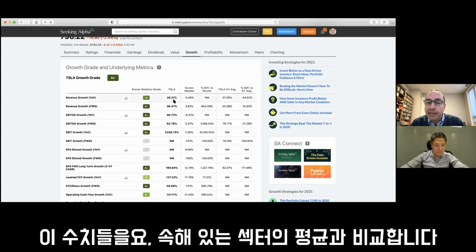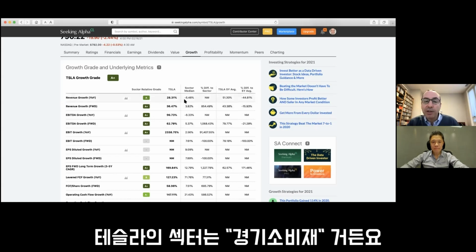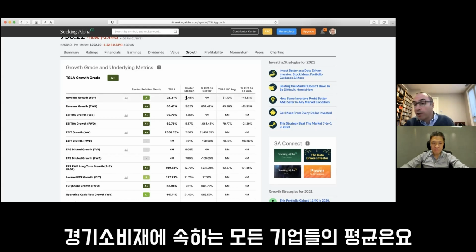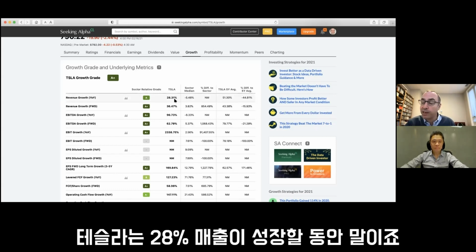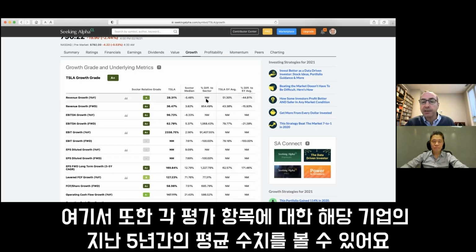And for each of these, we compare it to the whole sector. What you see, for example, is that consumer discretionary over the last year, which means all consumer products, the revenue for the whole sector was down by 5.5%, while Tesla grew by 28%. And then we also show what the 5-year average is for each of these metrics.